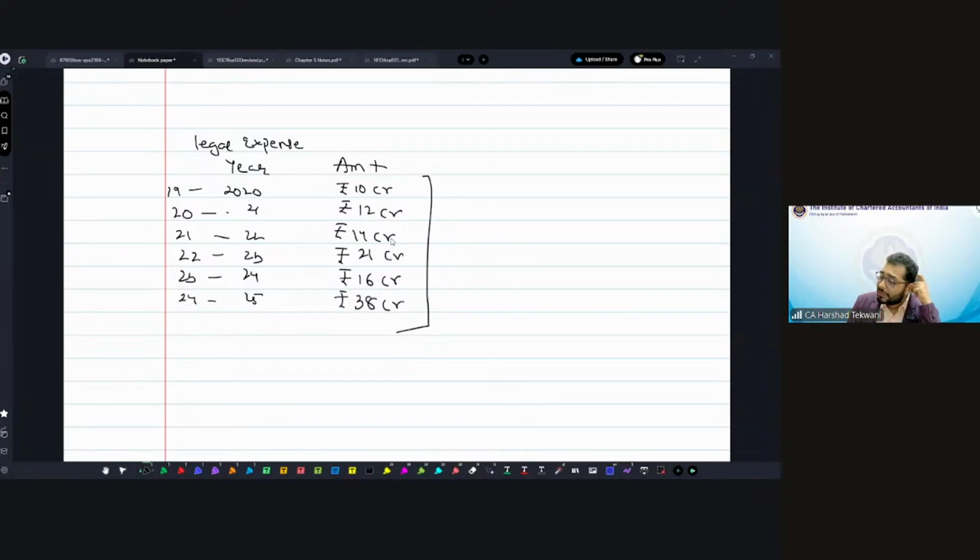What can you understand from this data? Based on this, in 2024-25 the expense has increased, almost doubled. You did an analytical procedure, that is trend analysis, and you understood that the legal expense has doubled.